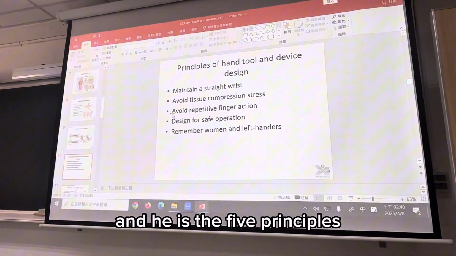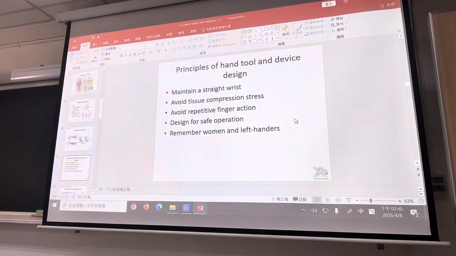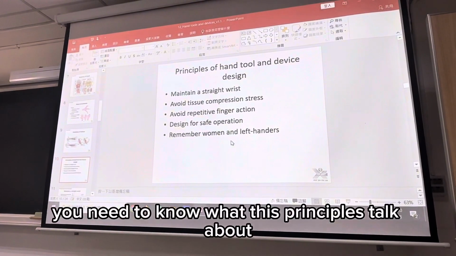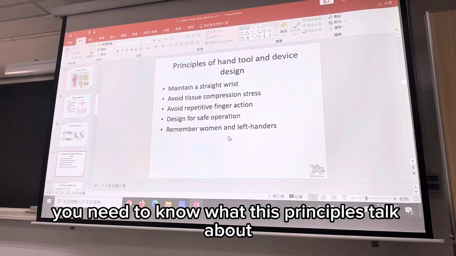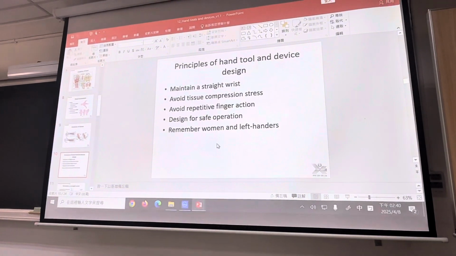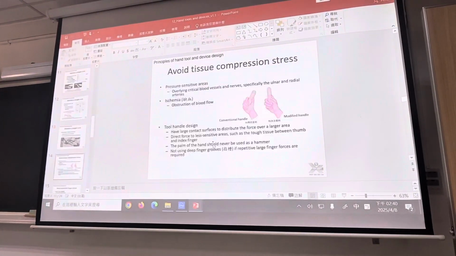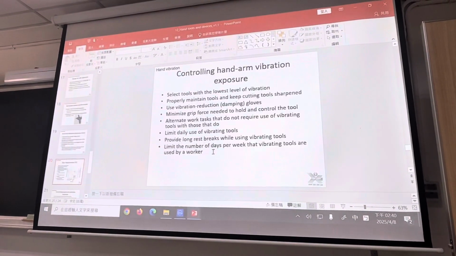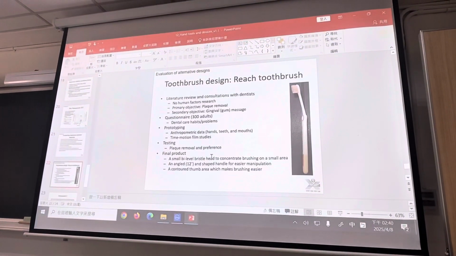And here are the 5 principles. You need to know what these principles talk about. Okay.